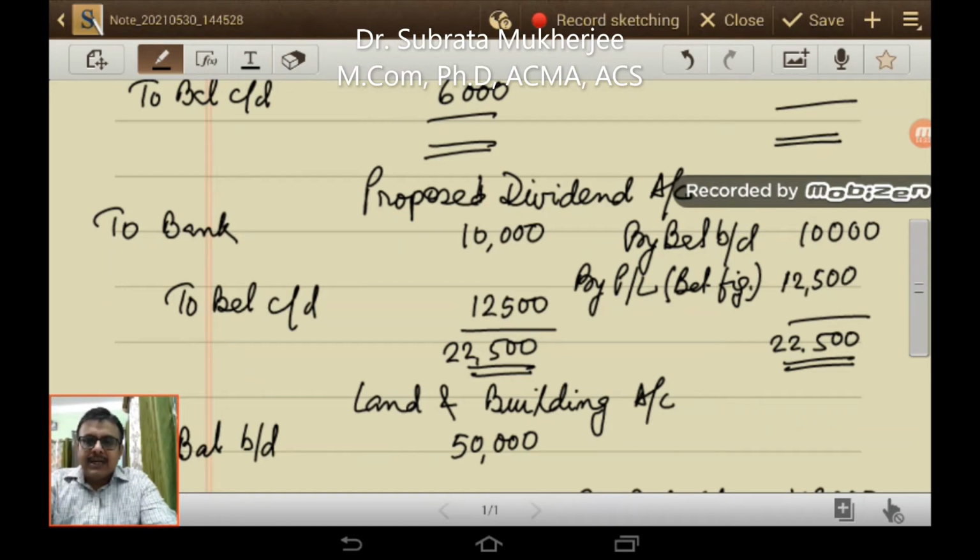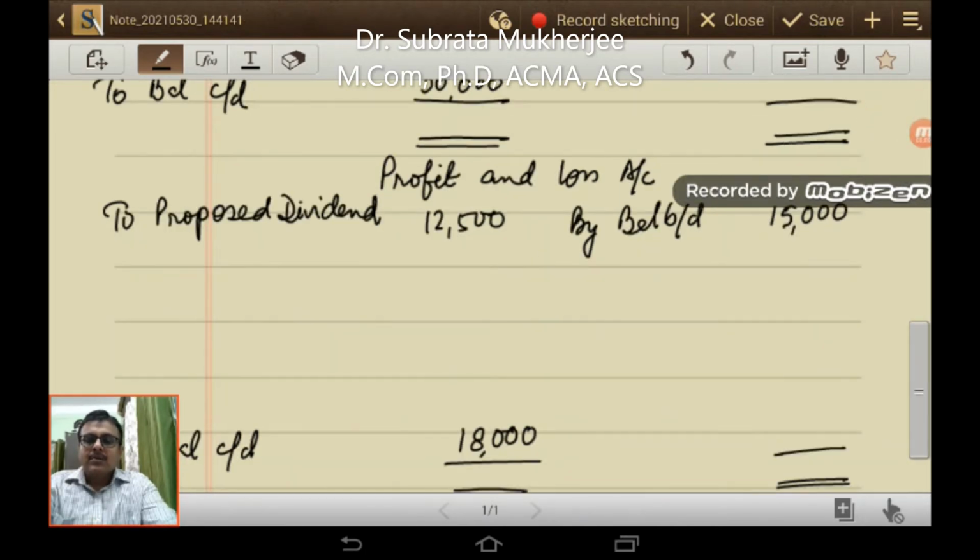In proposed dividend ledger, I have placed it on the debit side to bank 10,000, and the balancing figure to be transferred from profit and loss account is 12,500. So in the P&L account, we will place this 12,500 on the debit side, to proposed dividend 12,500.